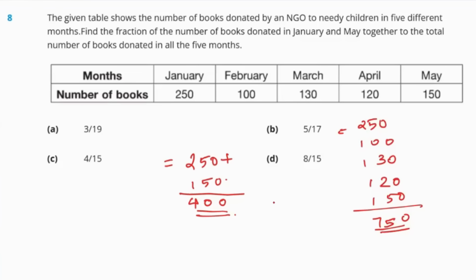So that is 750. 400 by 750, we will get 8 by 15 is the required fraction. So the correct option is option D, 8 by 15. Next question.